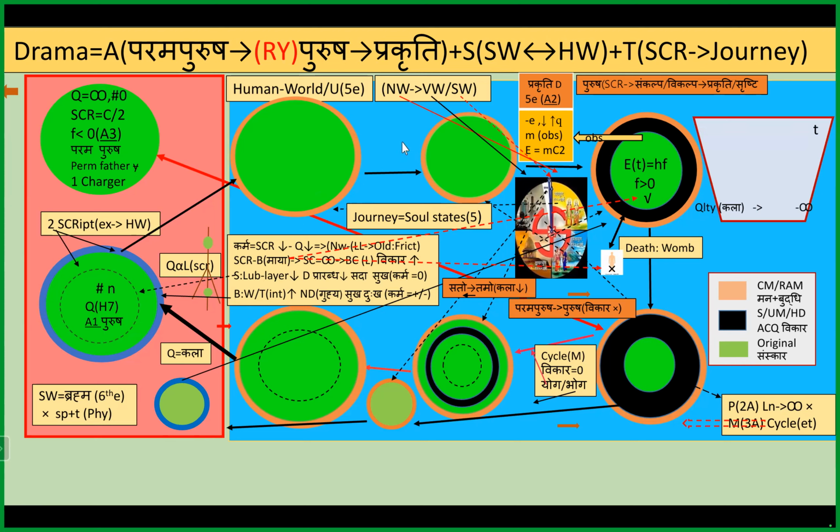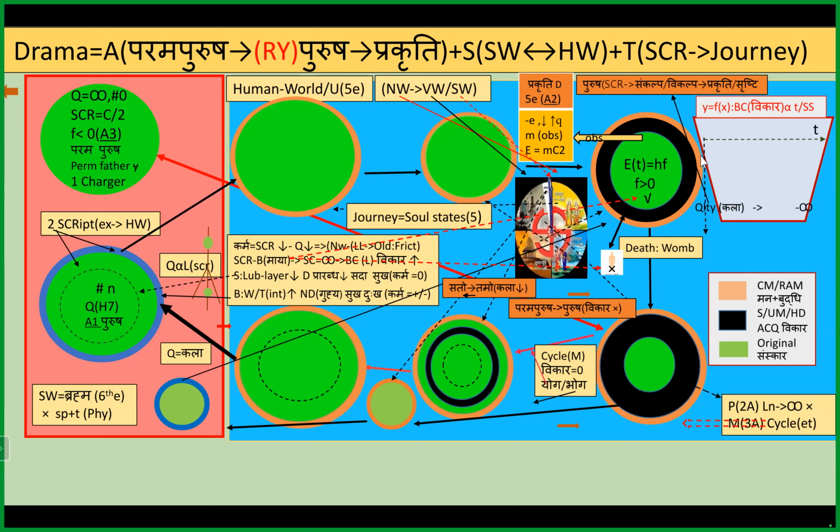Now we will try to explain diagrammatically. Here, this is the x-axis, the time axis. The y-axis is the quality or the kala, which is deteriorating. And what we have seen is that Purush controls the Prakriti. So this axis will have both Purush and Prakriti.